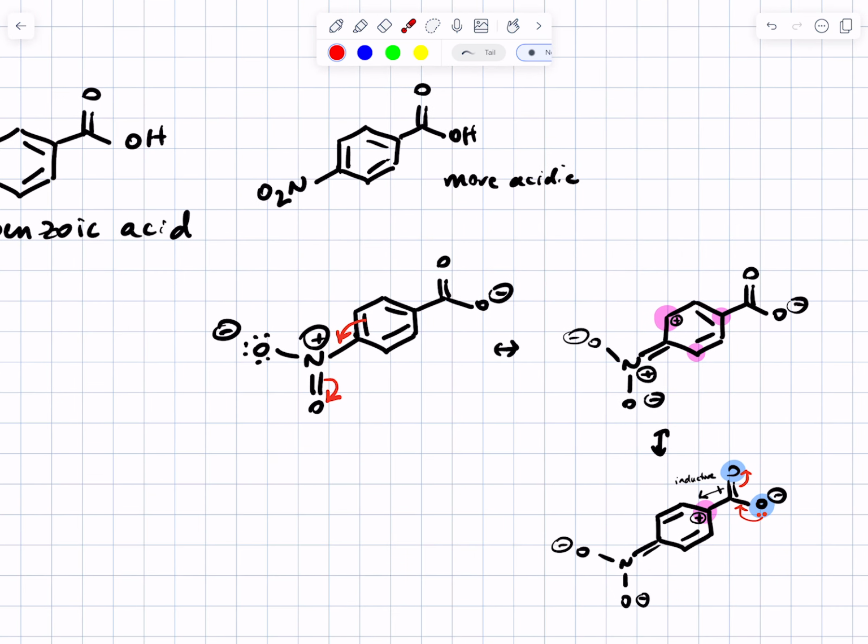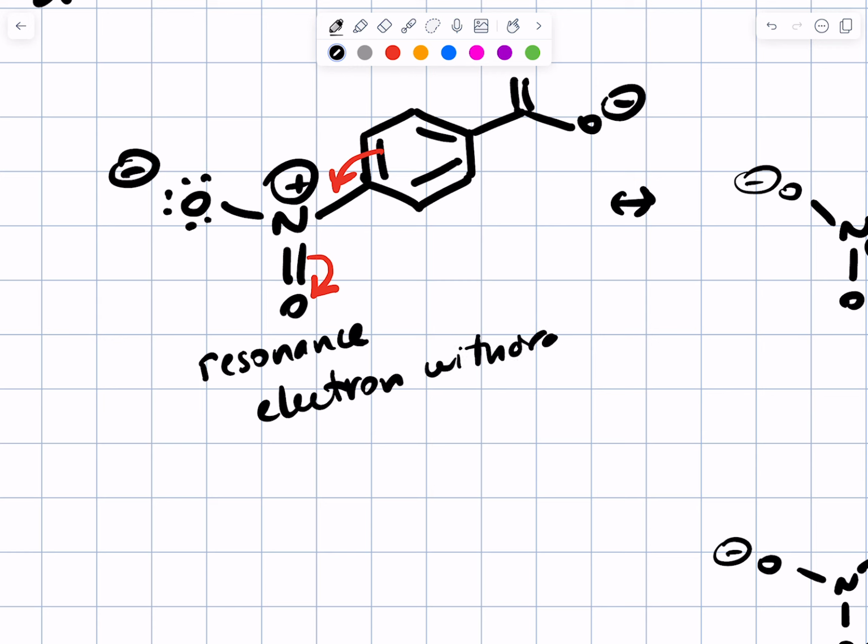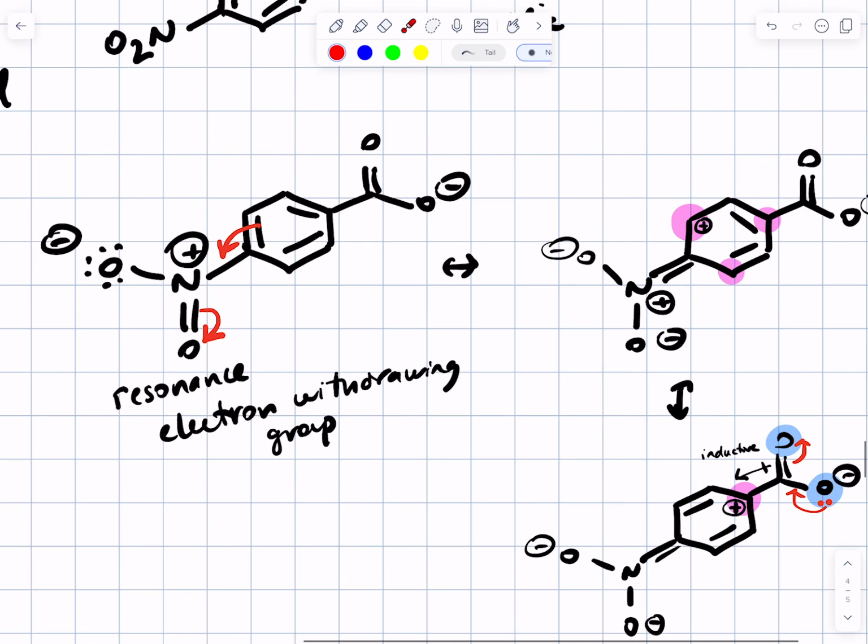People look at this example and they want a simple answer. They want to say it's resonance or it's the inductive effect. It's actually both. It's withdrawal of electron density by resonance. The nitro group is an electron withdrawing group because of resonance. The nitro group makes the benzene ring electron poor.